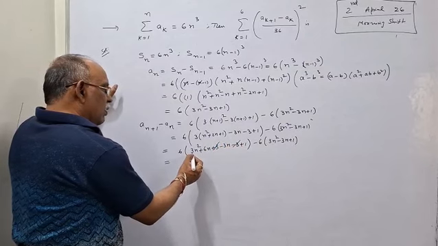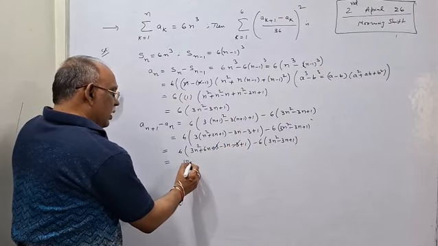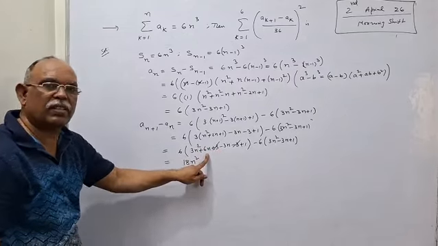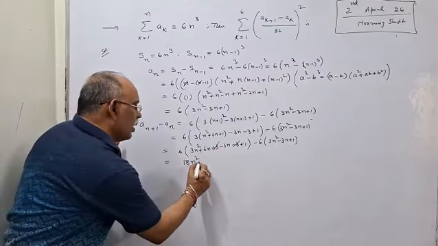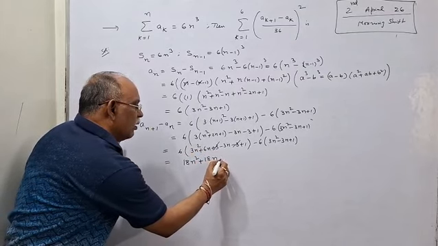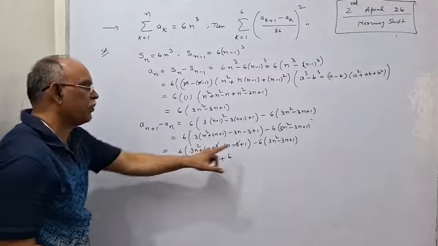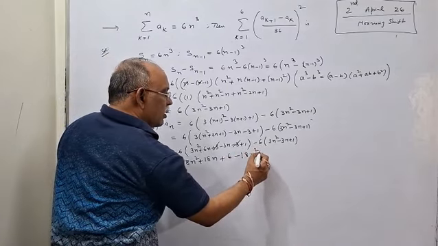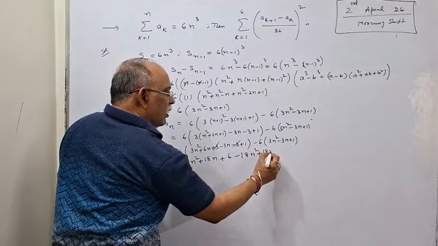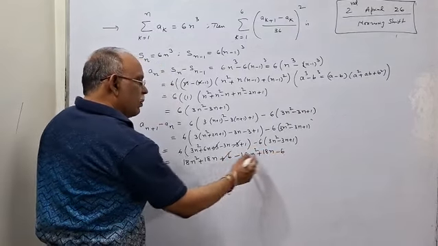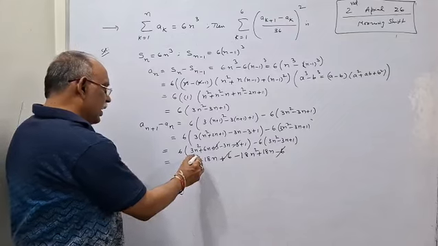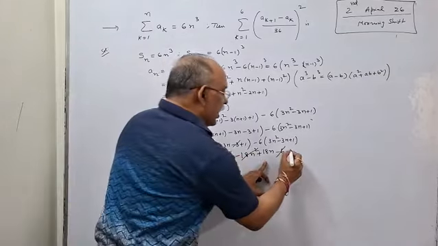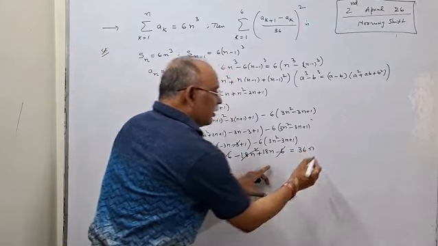This is what? 6 into 3, 18n square, plus 18n plus 6, minus 18n square plus 18n minus 6. Now plus 6 minus 6 are get cancelled, 18n square are get cancelled. Then what you get? 18n plus 18n, 36n.